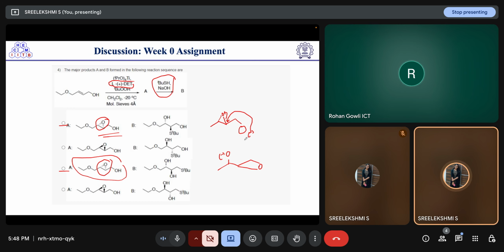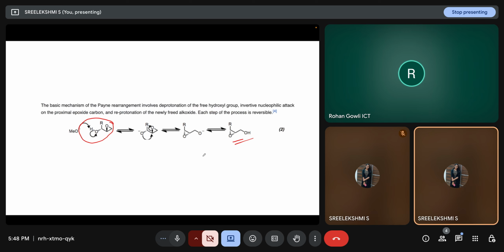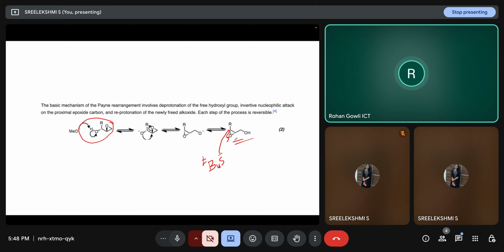Then what we are using here is this tertiary butyl thiol. Tertiary butyl thiol means it has this S minus ion, which can attack over this center and open this epoxide, and then protonation will happen to give OH here. So the tertiary butyl thiol group will come here and OH will come here.